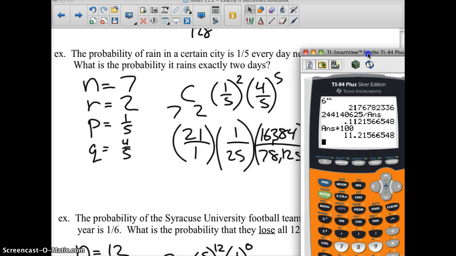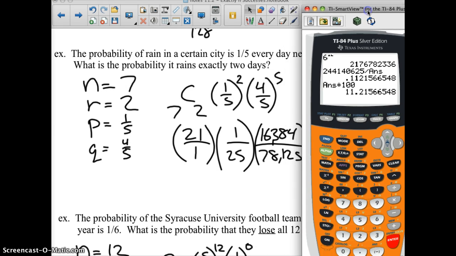so I guess I could finish this one here. It's just going to be 16,384 times 21. That's going to be my numerator over 25 times 78,125. And there we go.